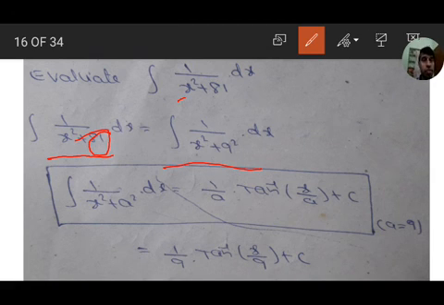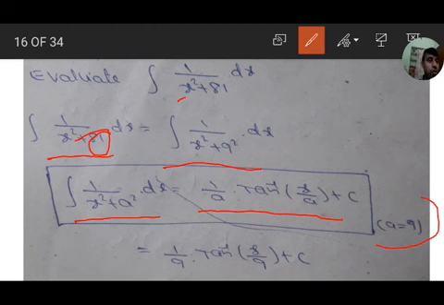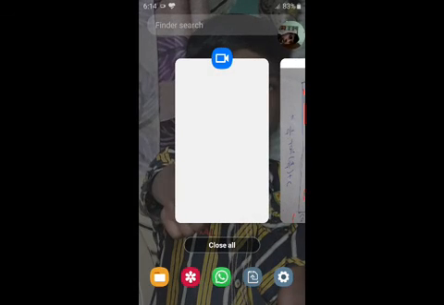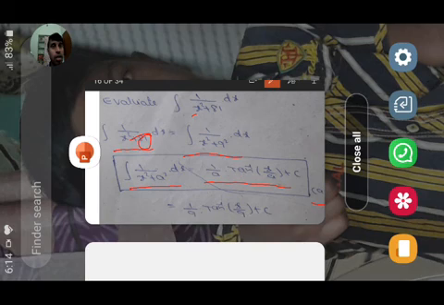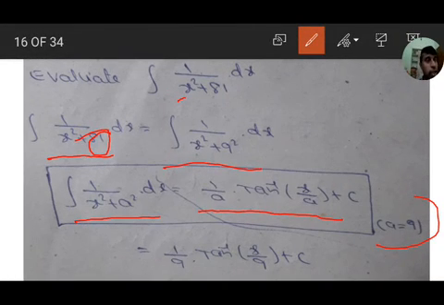It is of the form integration 1 by x square plus a square dx equals 1 by a into tan inverse x by a plus c, where a equals 9. Sorry, some technical problem. A equals 9. So 1 by 9 into tan inverse x by 9 plus c.